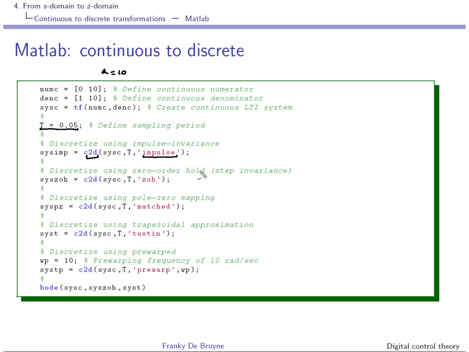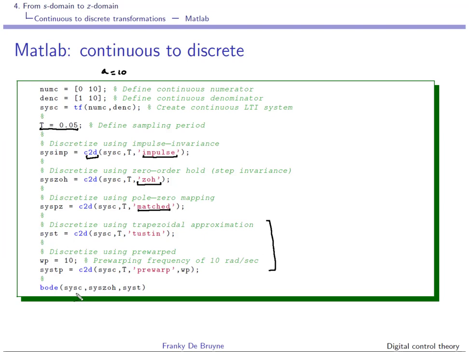For step invariance or zero order hold, because they are equivalent, you choose the argument zoh. If you don't put any argument, it will automatically select this method, pole zero mapping, matched. And these are two methods that we will see in the next subsection on numerical approximation or numerical integration methods.